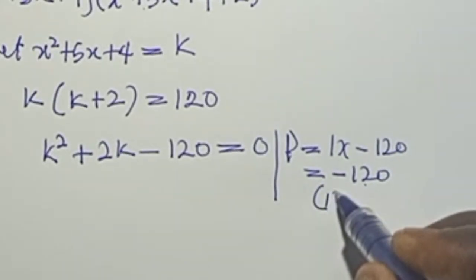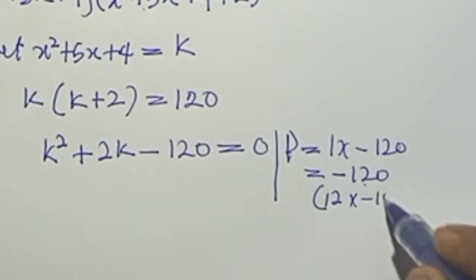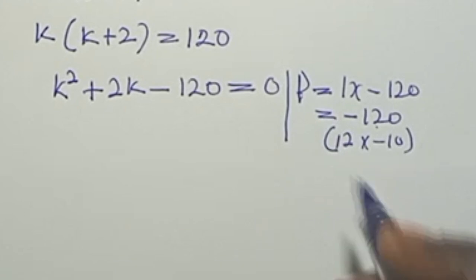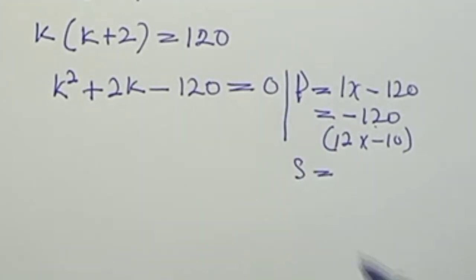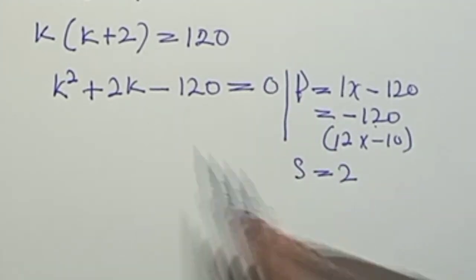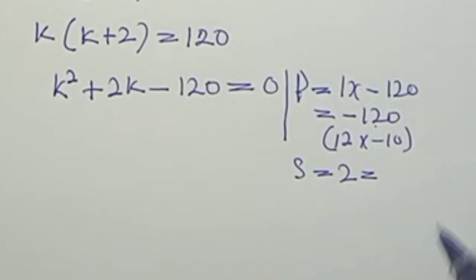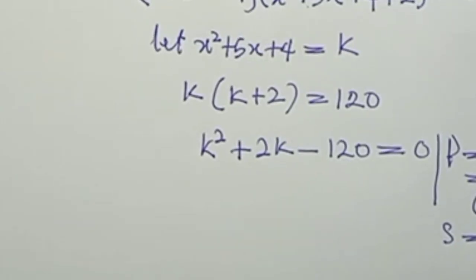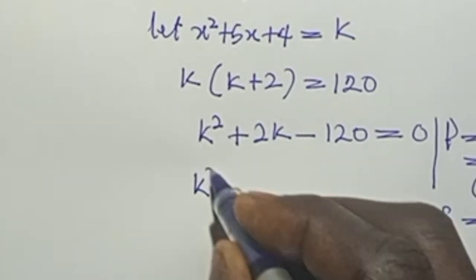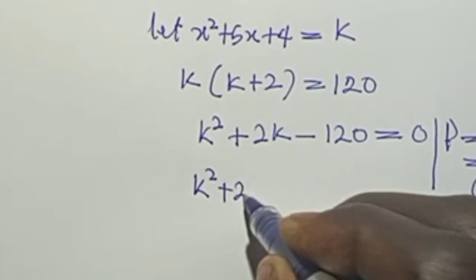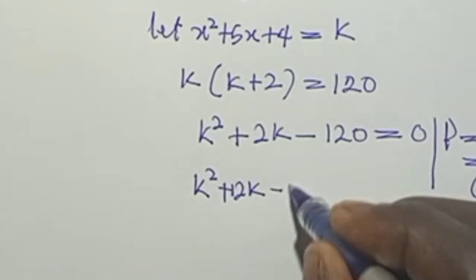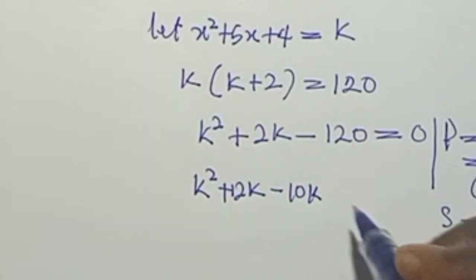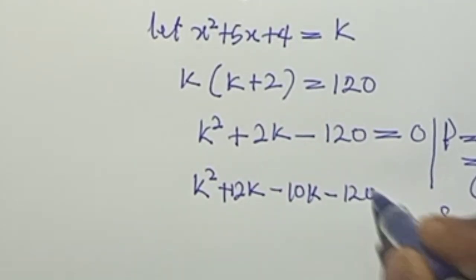And this is obviously 12 times minus 10. And also the sum is equal to 2, the coefficient of k, which is 12 minus 10.